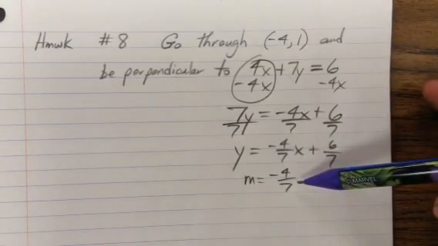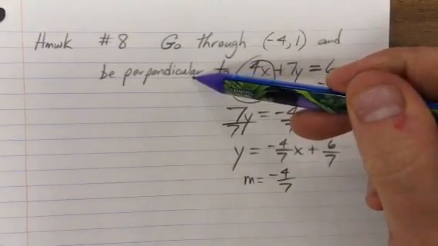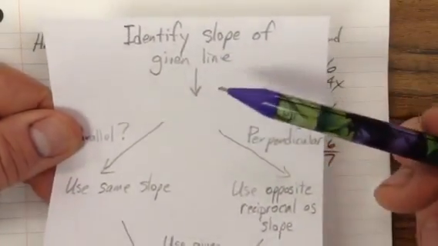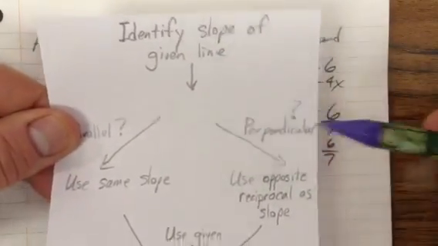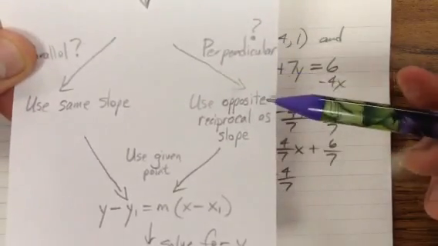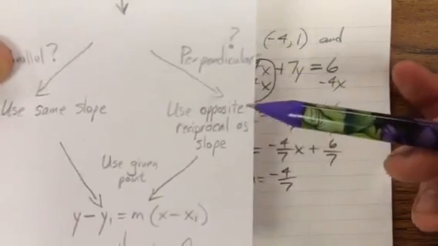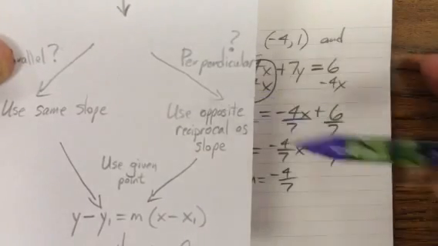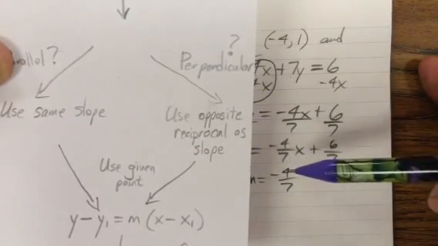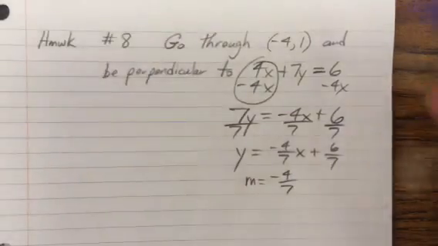Now the question you need to ask yourself, do you use that one or do you need to modify it? Well, we want to be perpendicular. So you remember what we do? We identify the given slope. That's a negative 4/7, but we want to be perpendicular. So the slope we have to use, we've got to take the opposite of a negative, so I've got to use a positive, and I got to flip this guy over. So instead of using 4/7, I've got to use 7/4.